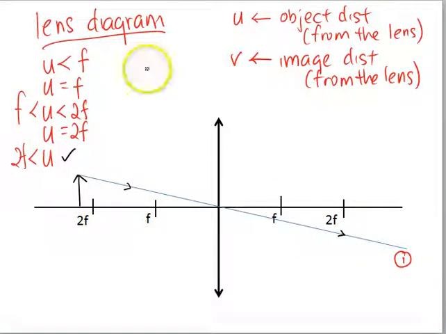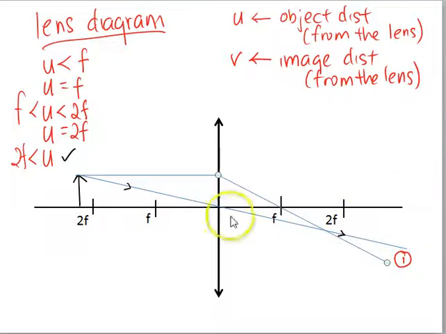Second thing that you need to do is this. After you have drawn the light ray from the tip of the object to the center of the lens, next up you draw a line that is parallel to the principal axis, and after that cutting through the focal point.